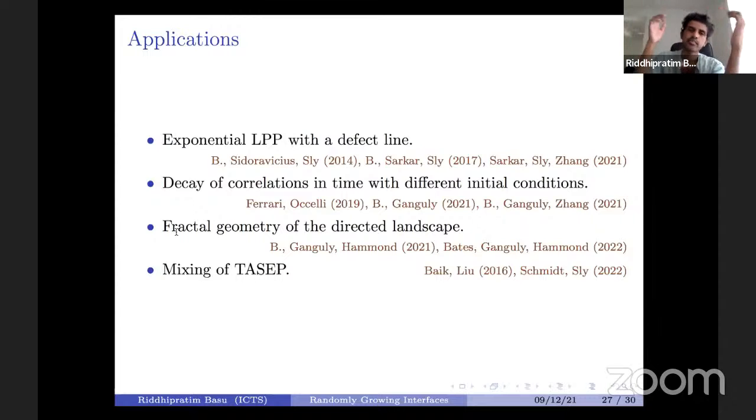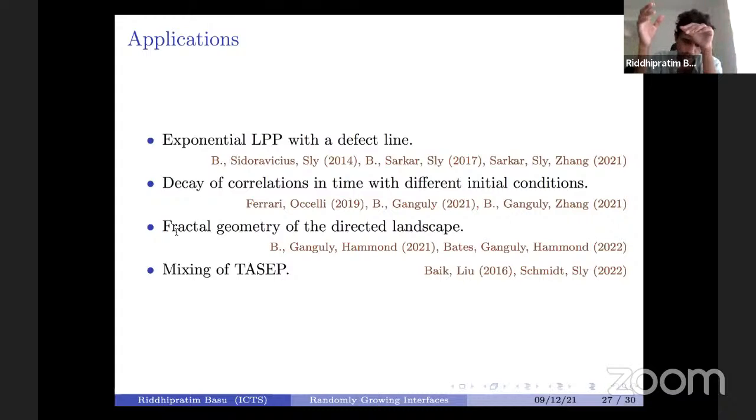And then there are other things: you may want to understand fractal properties of the underlying landscape, or there are particle systems associated with the LPP model, and you want to understand the mixing properties of such particle systems. Those are also questions where understanding the geometry of the geodesics has come in handy.